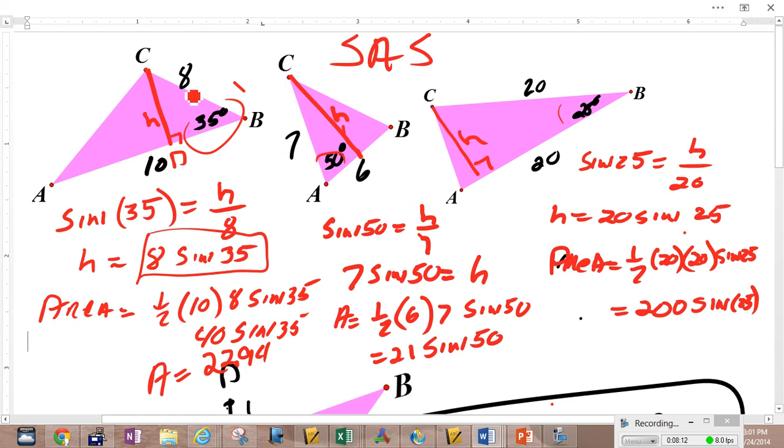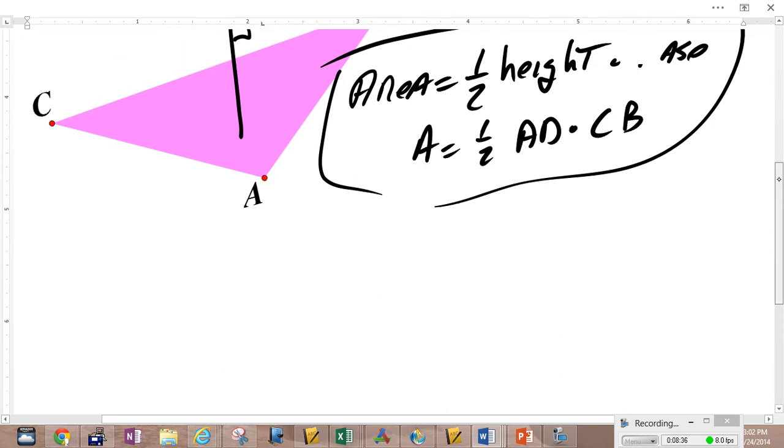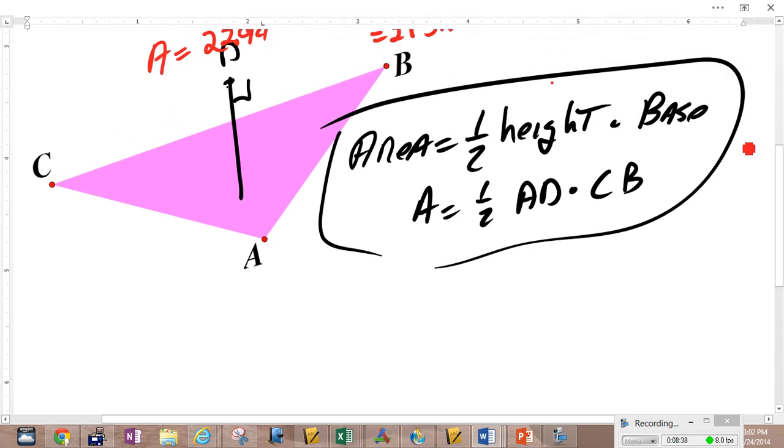So that's 1/2 of 8 times 10 times the sine of 35. That's what we got down here. 1/2 of 7 times 6 times the sine of the angle in between, 50. 1/2 of the product of the two sides, 20 times 20, times the sine of the angle in between. That's what's going to do it for us. So we now have another formula which we can look at.